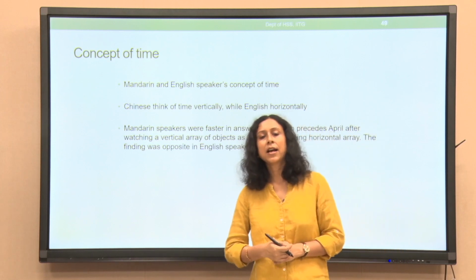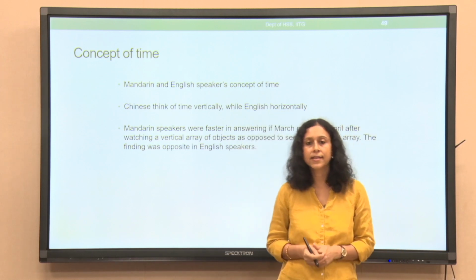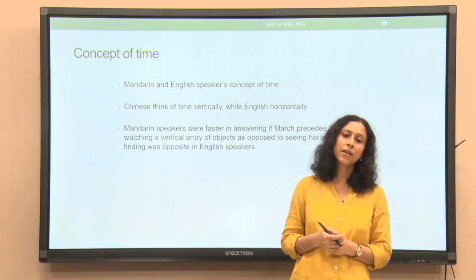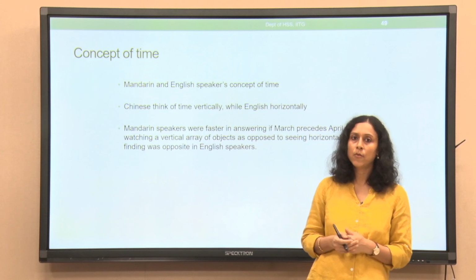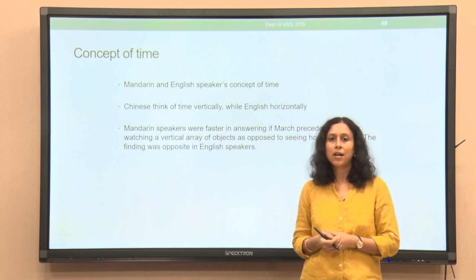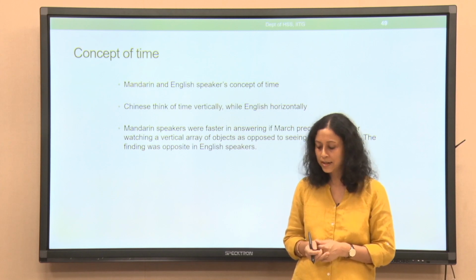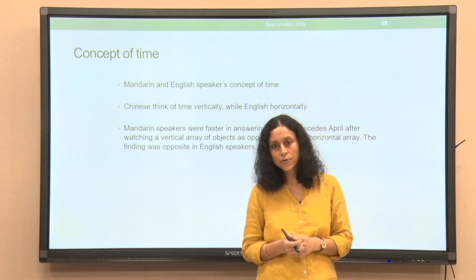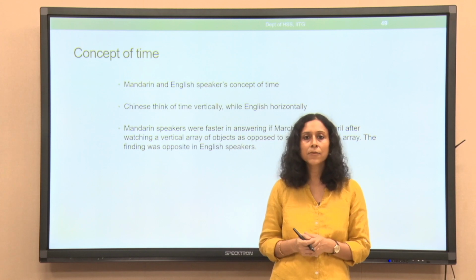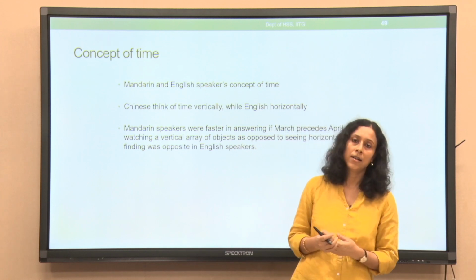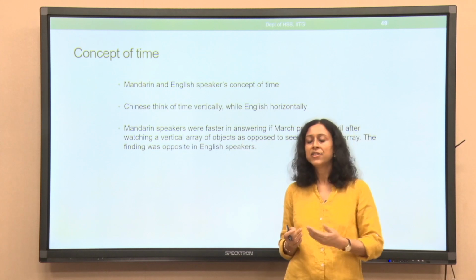Similarly, the concept of time has been studied in detail, in fact, how speakers of different languages look at time. What is time? Of course, this can take you to a transcendental level of understanding and thought, but sticking to real and mundane life, the understanding of time also has a lot of differences between, let us say, English and Chinese.